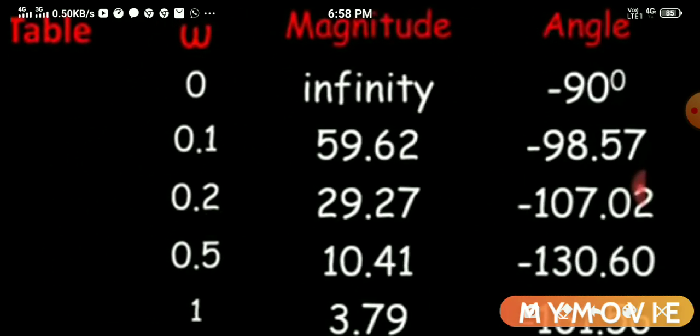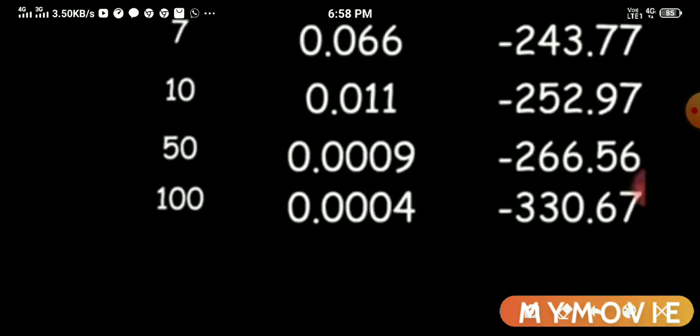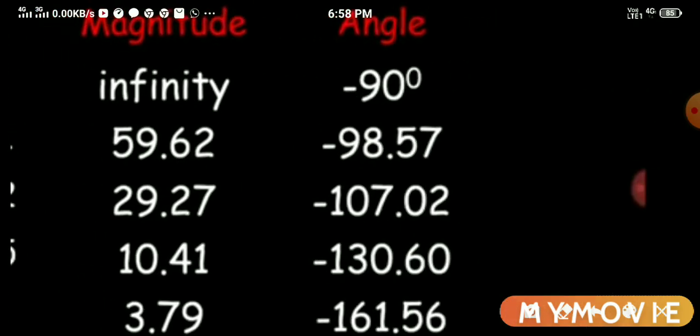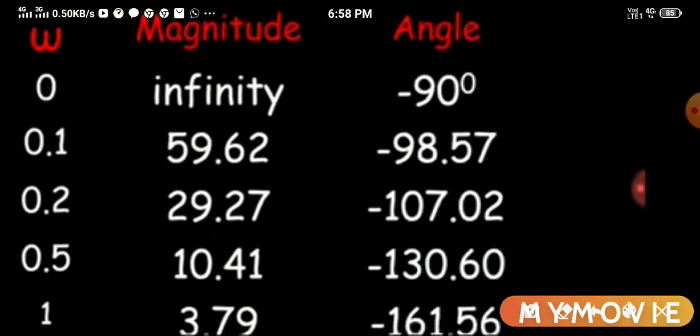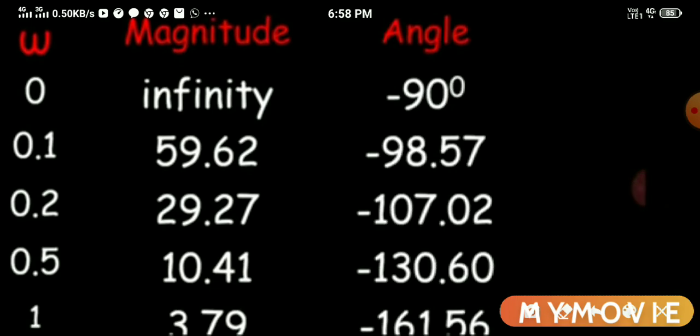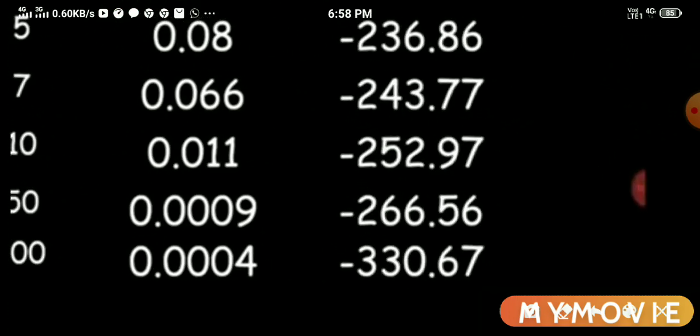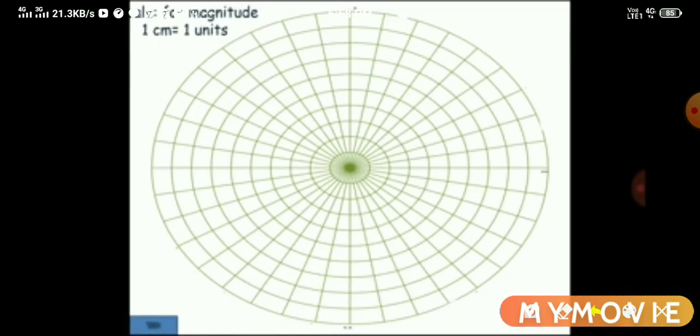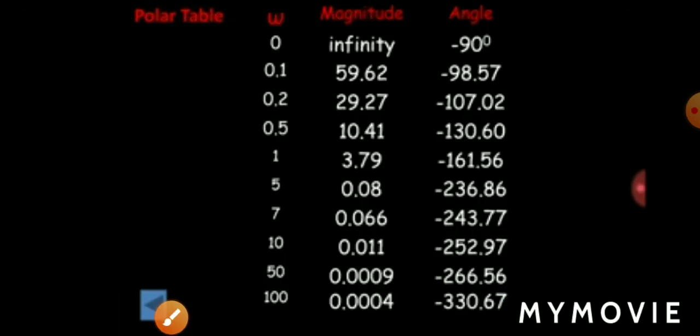Here you can observe in the magnitude table, when omega is increasing from 0 to 100, the magnitude value is decreasing. Similarly, in the angle, when omega is increasing, the angle is also increasing in magnitude. The next step is to draw the polar plot.